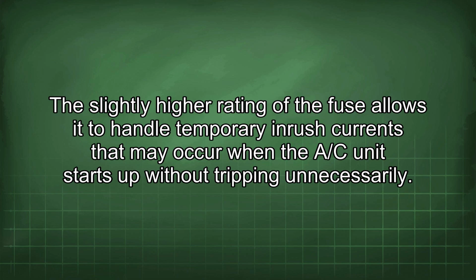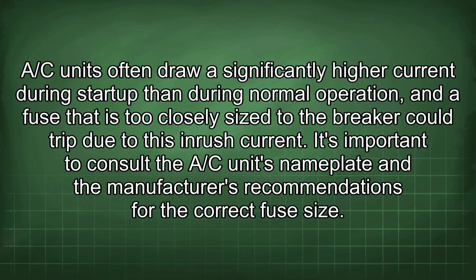The slightly higher rating of the fuse allows it to handle temporary inrush currents that may occur when the A/C unit starts up without tripping unnecessarily. A/C units often draw significantly higher current during startup than during normal operation, and a fuse that is too closely sized to the breaker could trip due to this inrush current.